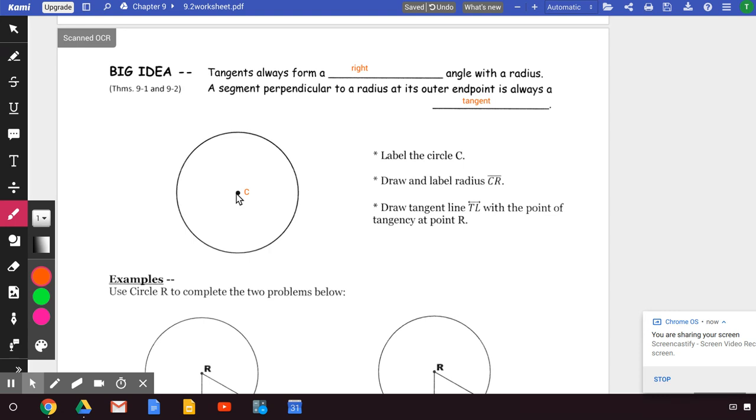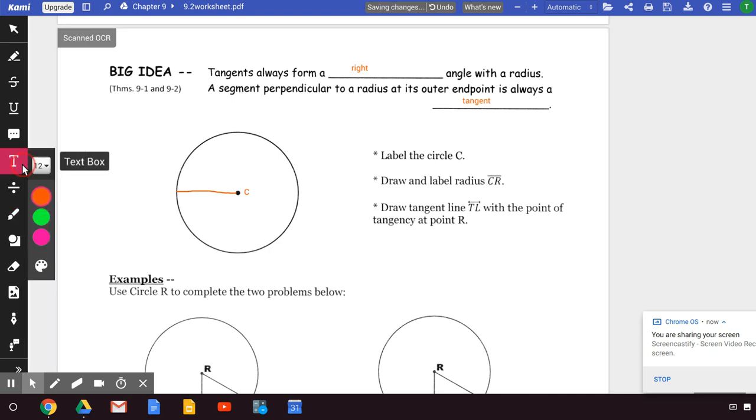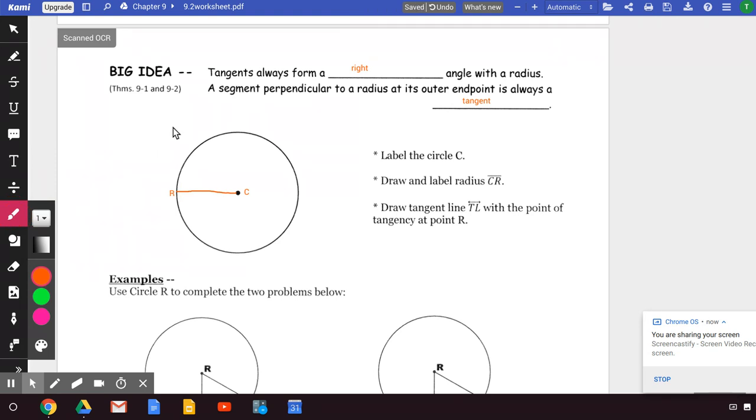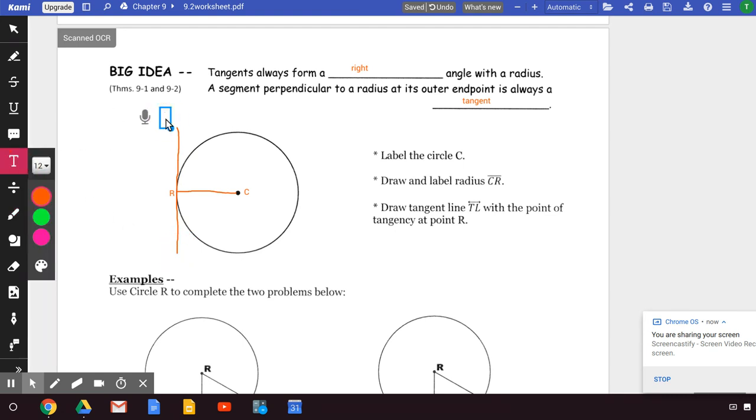Let me draw it to the side here and label that point R. And then we're going to draw a tangent line TL with a point of tangency at point R. Let's see how straight I can go here. Not too bad. So this is going to be tangent line TL.